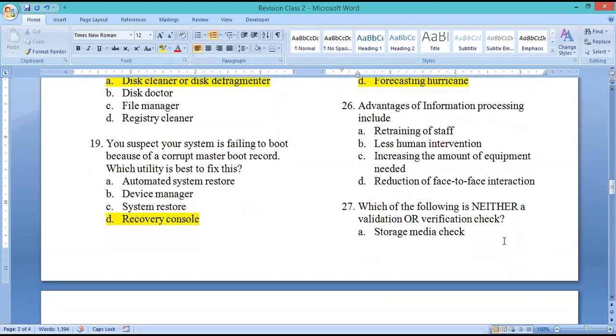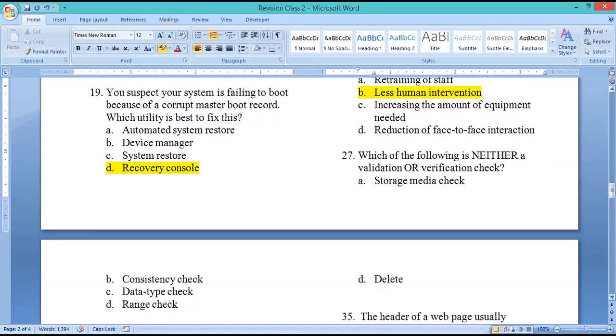Less human intervention? Yeah, it would be less human intervention, because remember with information processing it's more of a computerized thing where you don't require a lot of manual labor. Because when a lot of persons are doing things, it can lead to a lot of mistakes. So with information processing, you have less human intervention, as in fewer humans intervening in what is being done.